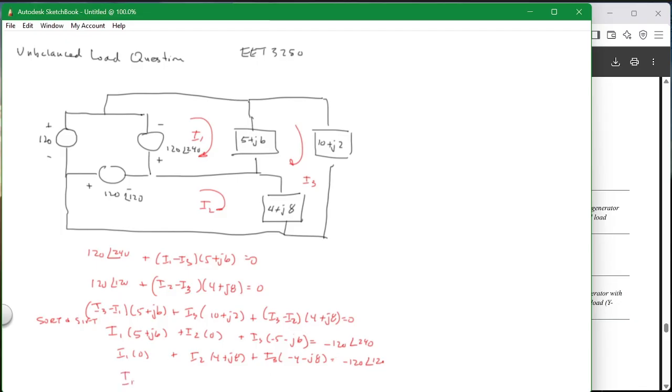The third equation: I1 times minus 5 minus J6, plus I2 times minus 4 minus J8, plus I3 times 5 plus J6 plus 4 plus J8, equals 0. Now what do you do?